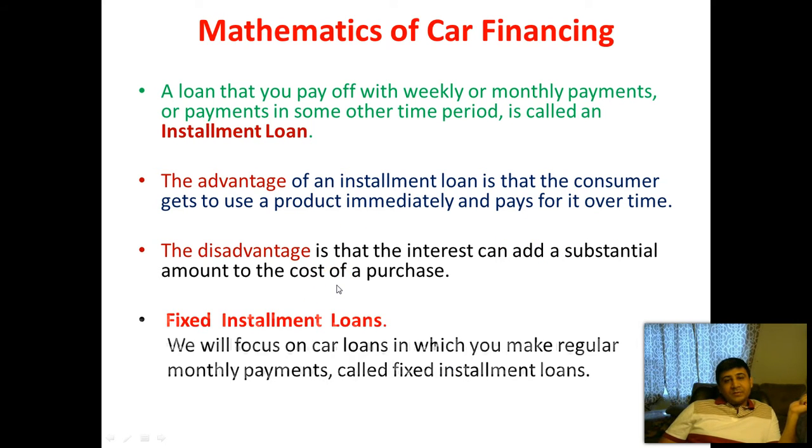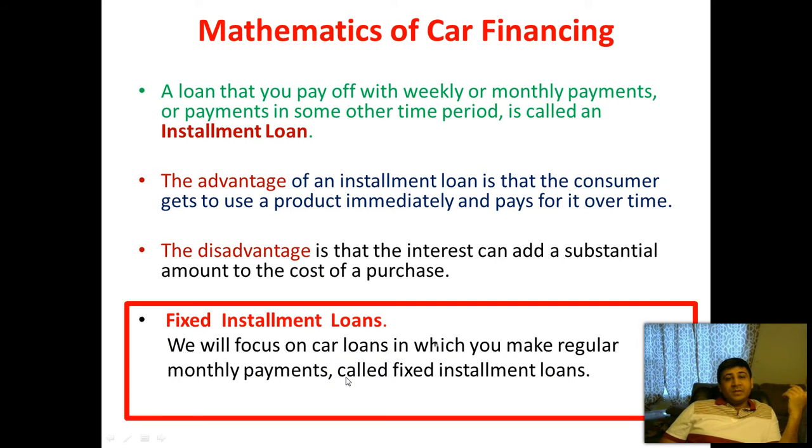Now there are different types of installment loans. The fixed installment loan, in which you make a regular monthly payment, is the main topic for our lecture today, and we will focus on fixed installment loans for car financing.